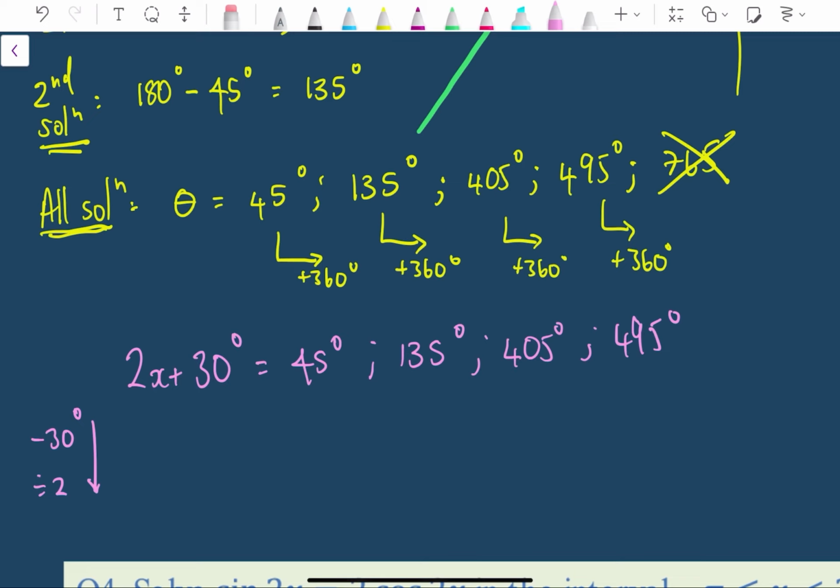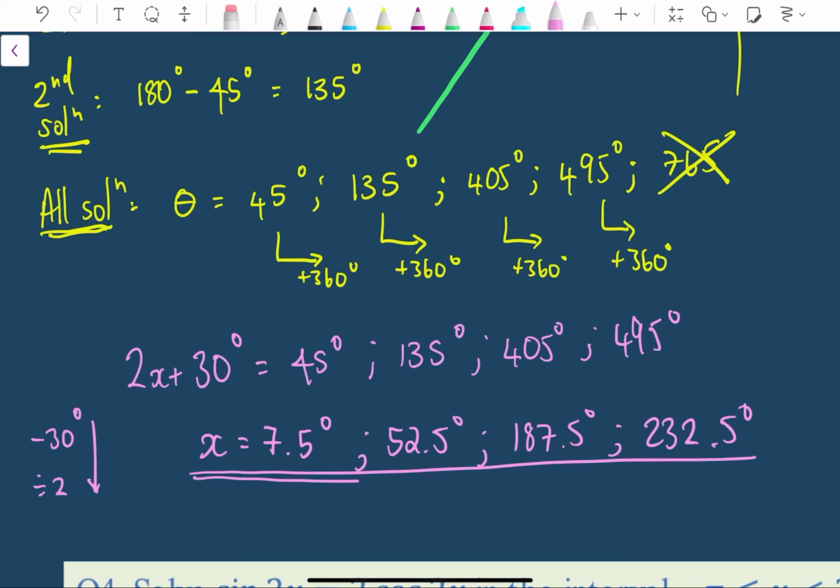45 subtract 30 gives me 15, divided by 2, so I know that x is equal to 7.5. Then I do 135 minus 30 divided by 2, and I get 52.5 degrees. 405 subtract 30, divide by 2, 187.5. 495 subtract 30, divide by 2, gives me 232.5.